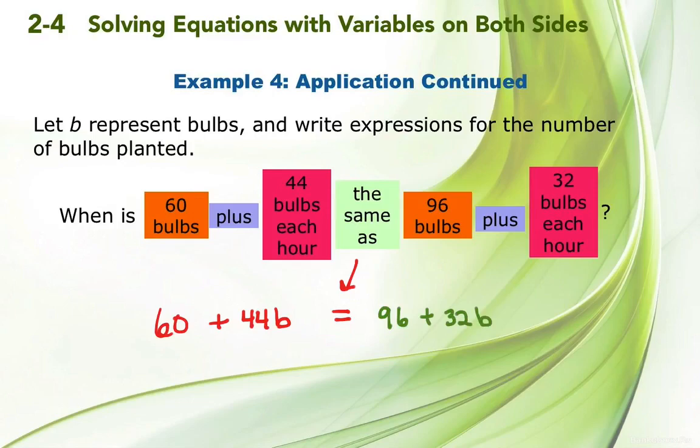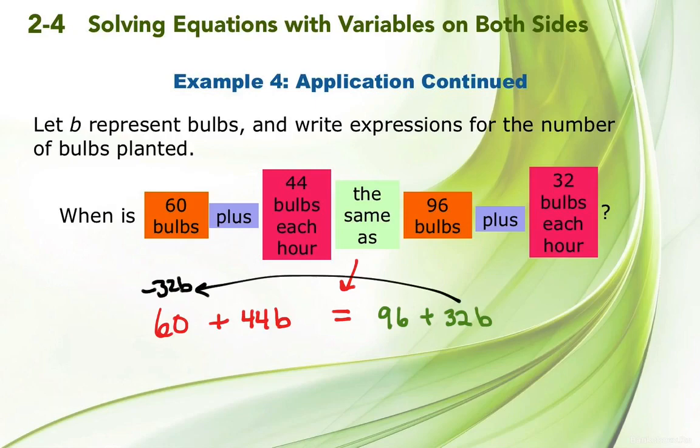So I'm going to move everything around. Sorry about that. We're going to move everything around, and we're going to take this 32 and bring it over here and make it a negative 32B.